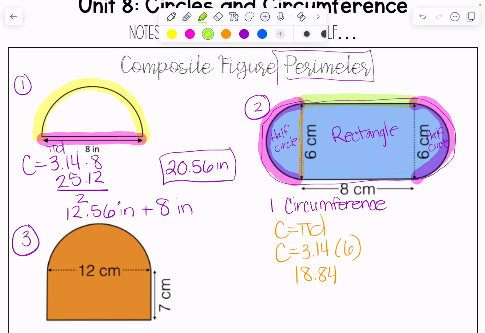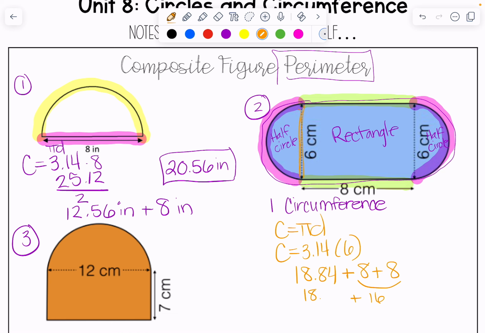So now I need to figure out the entire perimeter of that shape. So remember, I'm gonna need these green portions too. And so when I look, each green portion is 8 centimeters. So I'm gonna actually add 2 8s, okay? One for the bottom and one for the top. And so then I'm gonna be adding these all together. So my 8 plus 8 is gonna be 16.